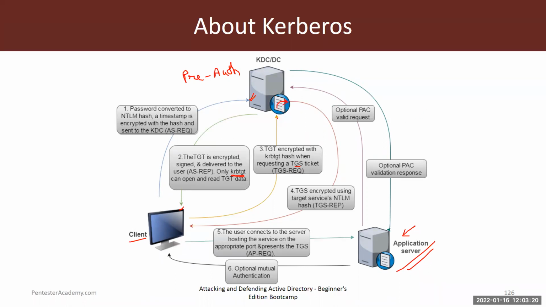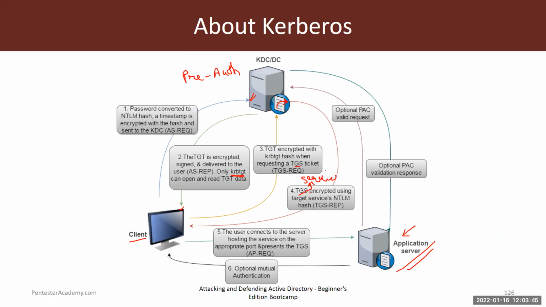Once that is validated, the DC responds with a TGS. As I said, the word TGS is used interchangeably in documentation and books; sometimes it is called TGS, sometimes a service ticket.